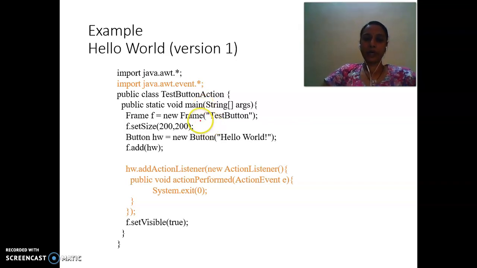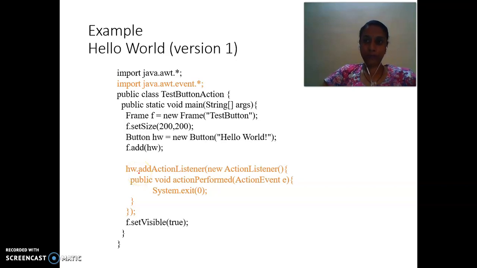Okay, you are creating a frame, and then set the size of the frame, then add one button to the frame. The button I am creating is HW, hello world will be printed on that button, and this button is added to the frame. So I'll say f.add is a method which will add this button HW. Now this HW button, I need to engage one action listener.